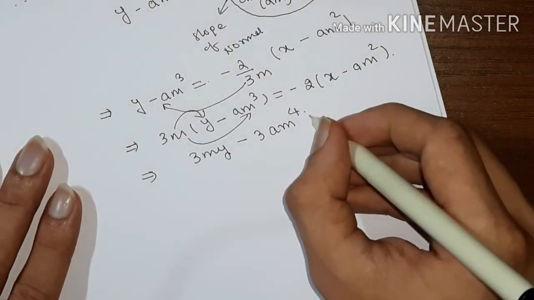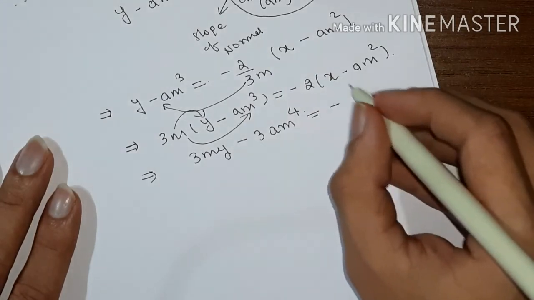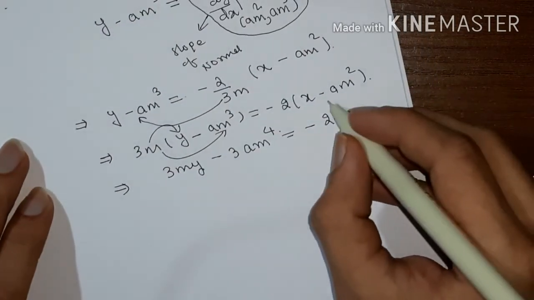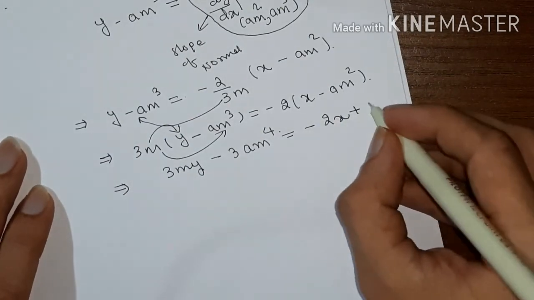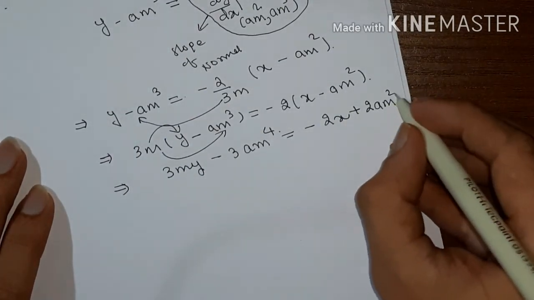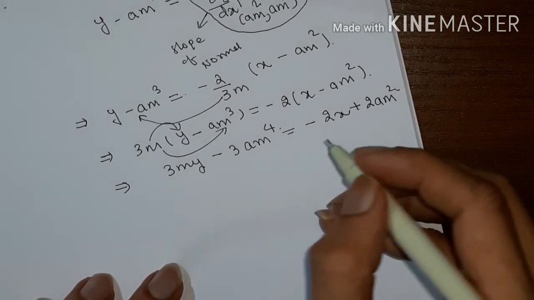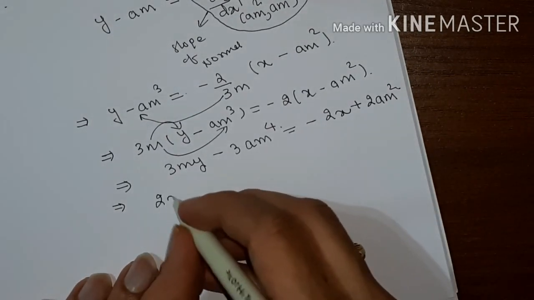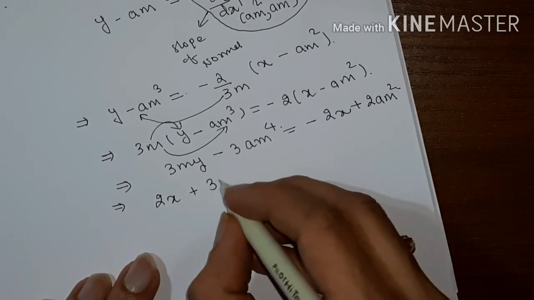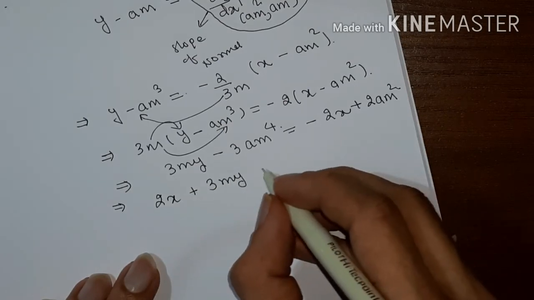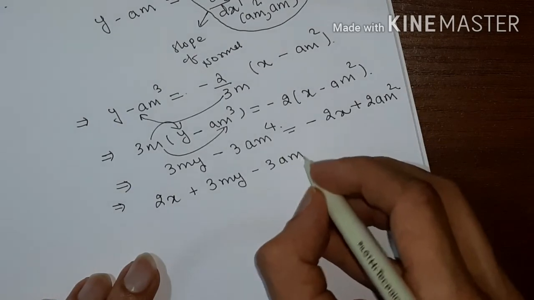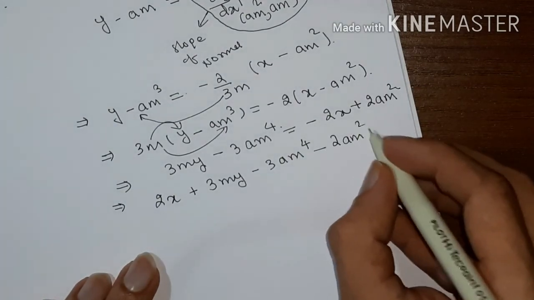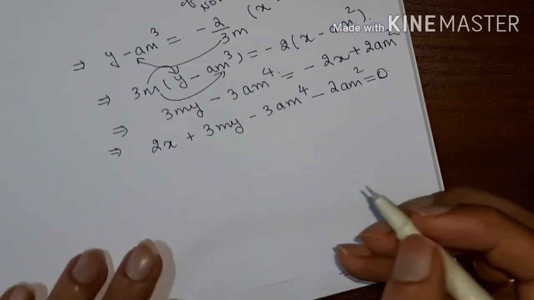Now which is equal to minus 2 times x is minus 2x, minus 2 times minus am square is plus 2am square. Okay, so if we rearrange this, what we get is 2x plus 3my, minus 3a m raised to 4 minus 2a m square equal to 0.